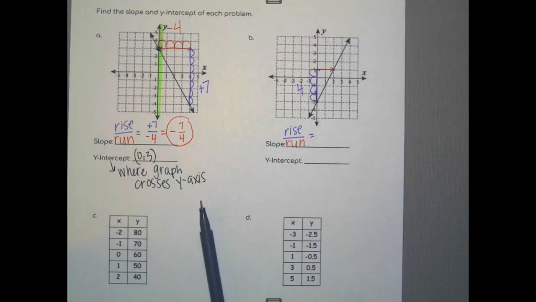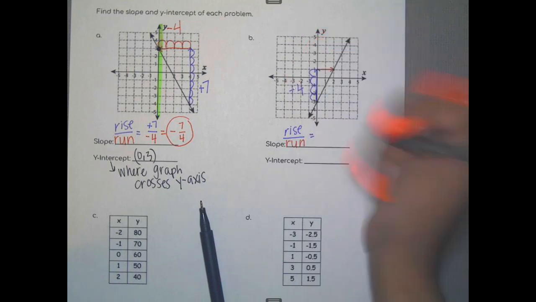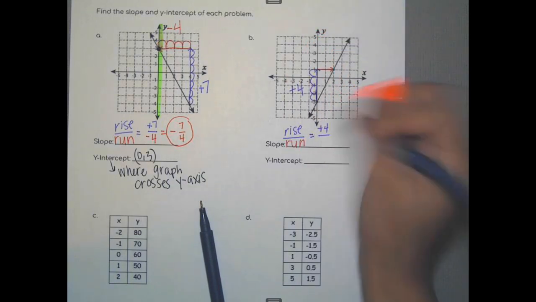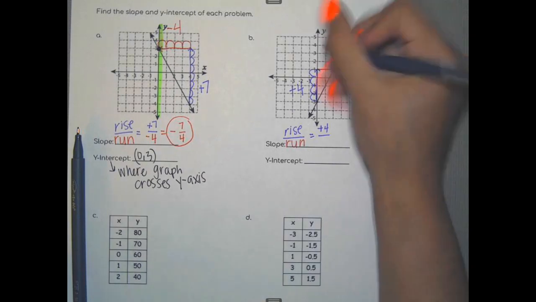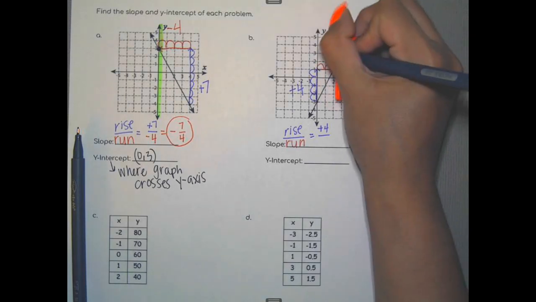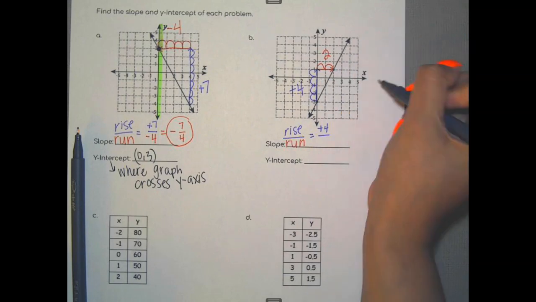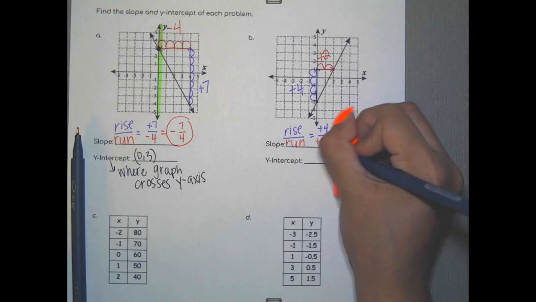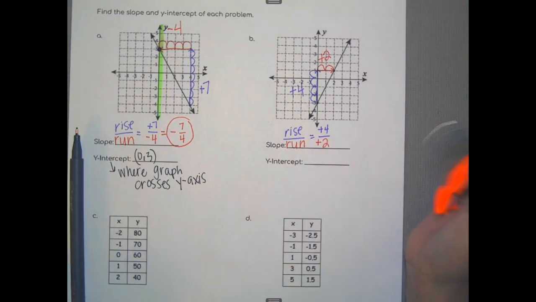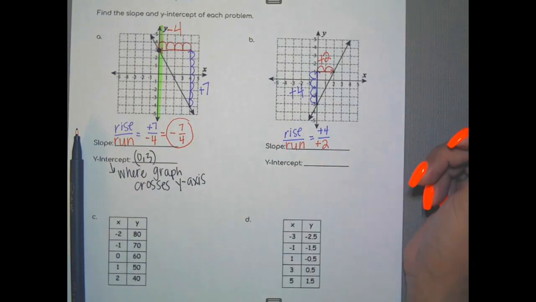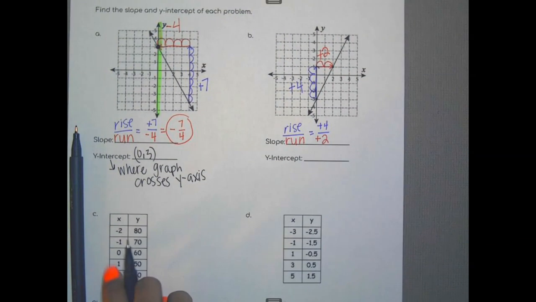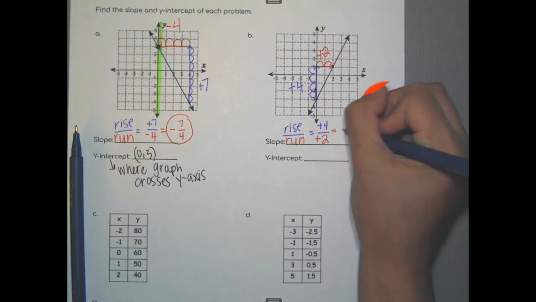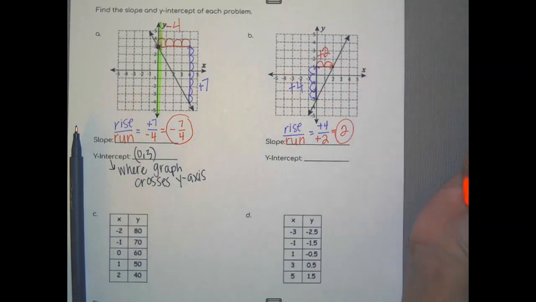And I went in the up direction, so that's going to be a positive 4. And then when I count my run, I'm going over 1, 2. And these two, I went towards the right, which are positive. So that'll be a positive 2. Okay. Now I can simplify my fraction 4 over 2. If I typed 4 divided by 2 in the calculator, that would give me 2 as my slope, right?